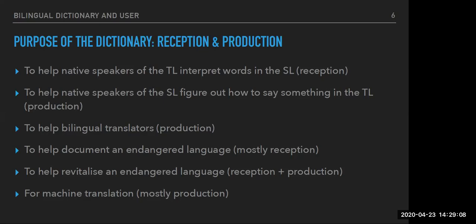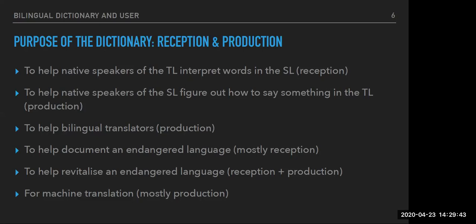Experts can correct me if I'm wrong here, but I would see it as mostly a reception-oriented dictionary. On the other hand, when your goal is to revitalize an endangered language, you would have a reception and production dictionary. Of course, you would want people to understand what the words of the endangered language mean, but you might also have second generation, younger generation learners who don't actually know the words in the endangered language.